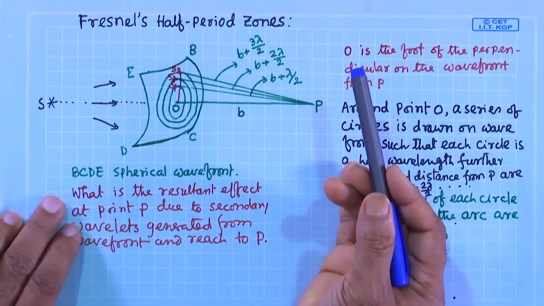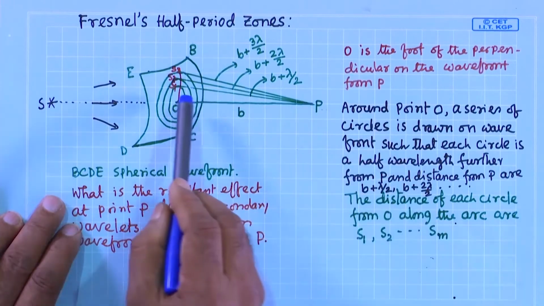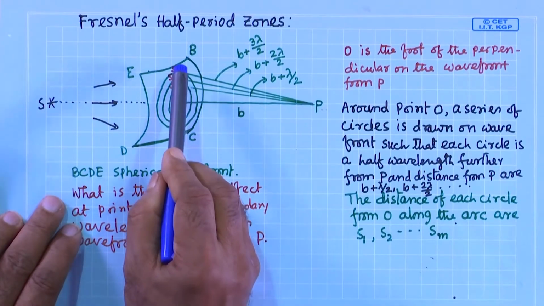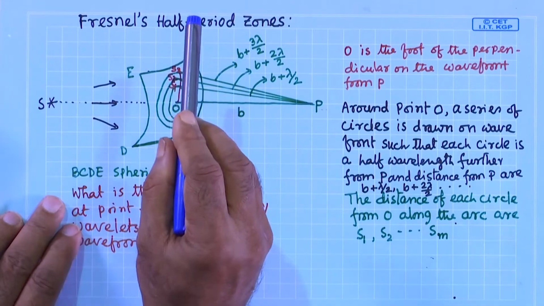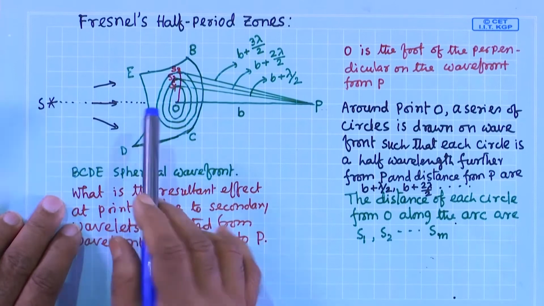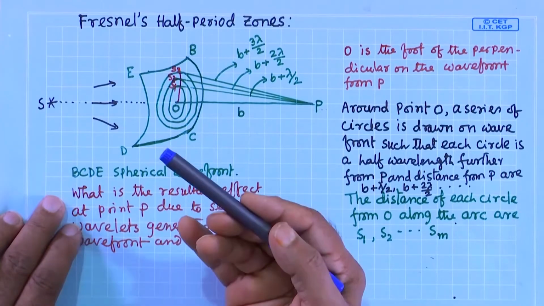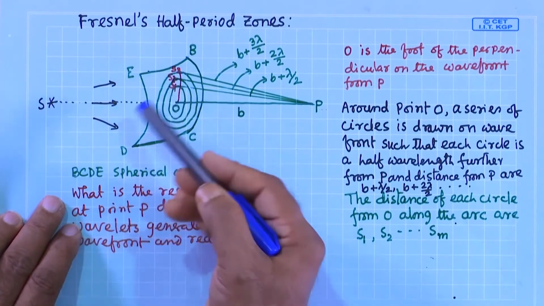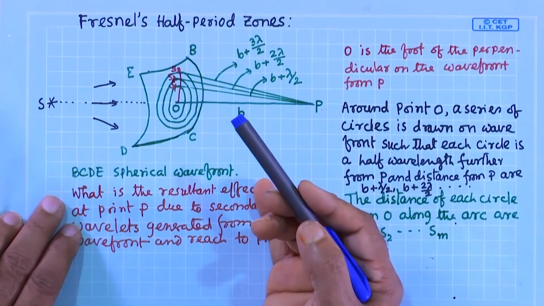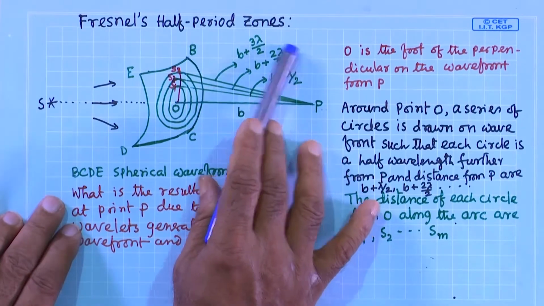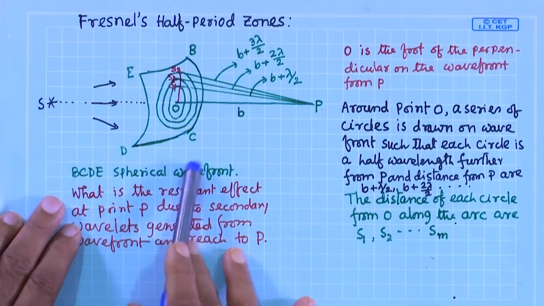From the beginning it is lambda by 2, then lambda, 3 lambda by 2, 4 lambda by 2, and so on. The path difference between two successive areas is always lambda by 2, which is why they are called Fresnel's half period zones.